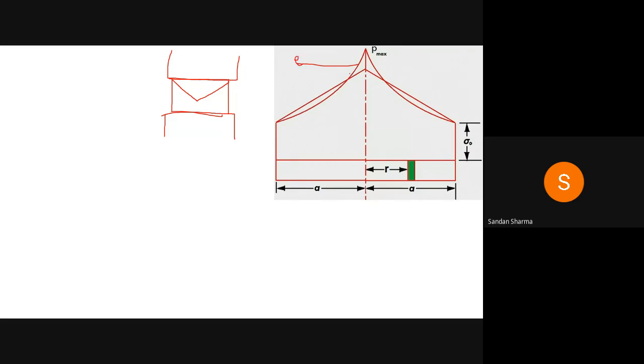But in the sticking condition, where it is hard to move, if the sticking stress is higher than the deformation stress, the material will not deform. In that condition you have the sticking condition. This is your sticking condition and this is your sliding condition.